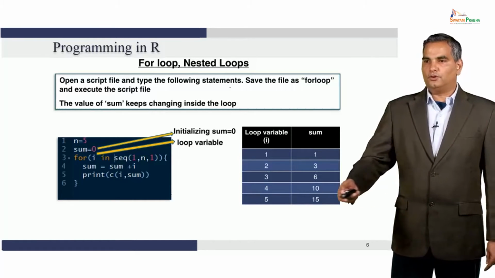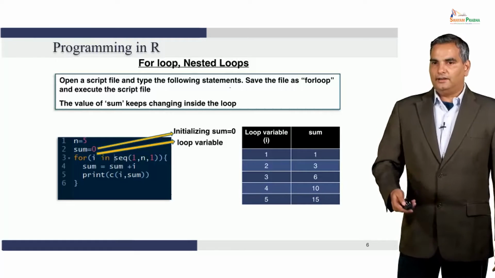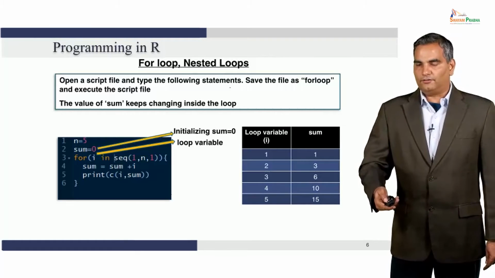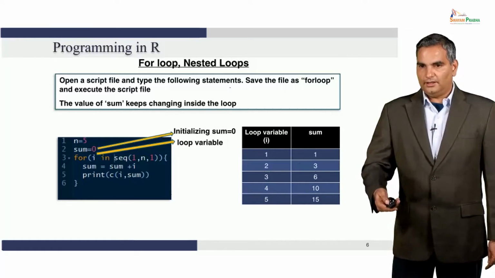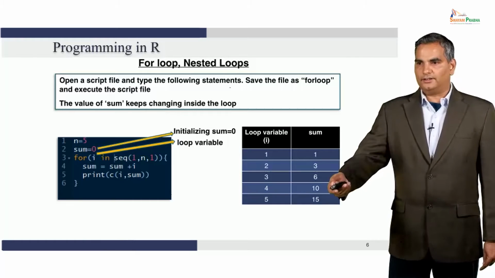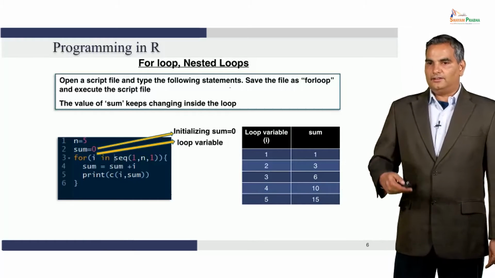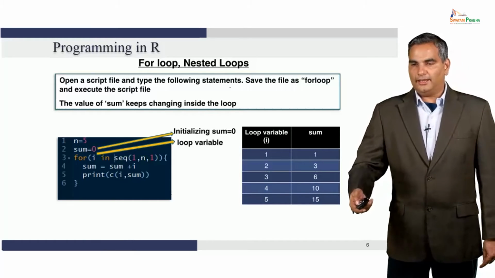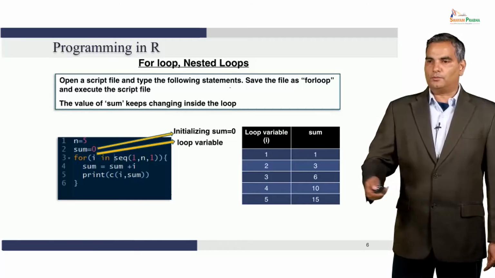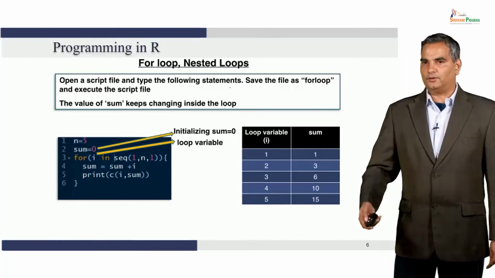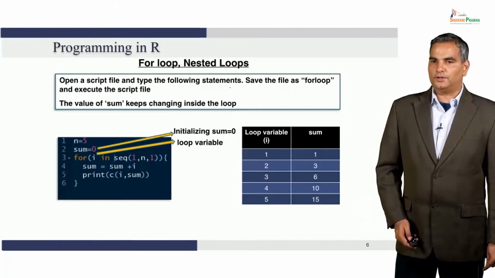So when you run this code, you see the result on the right hand side. When the first iteration goes on, since sum was 0, i was 1, you will get the result 1, sum plus i. In the second iteration, you get i equal to 2, sum is already 1, so 1 plus 2 equal to 3, and so on. So you have the sequence. So this is a very simple for loop that you can write in R.